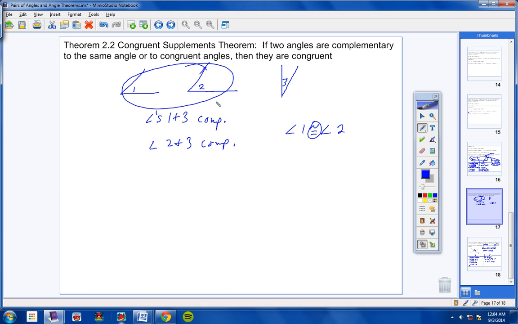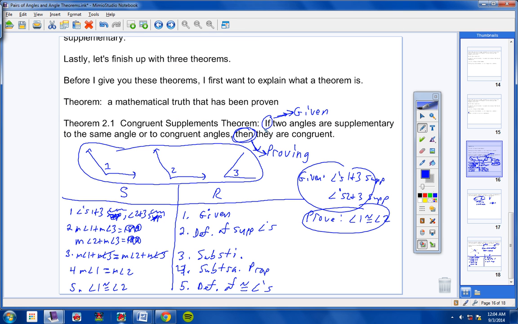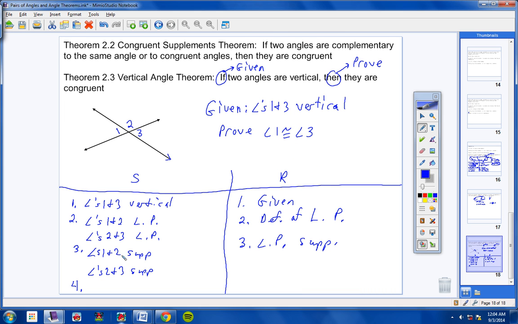So look back at this theorem we learned. Sorry, not that one. This one. If two angles are supplementary to the same angle, then they're congruent. So look at what I have. Angle 1 is supplementary to angle 2, and angle 3 is supplementary to angle 2. So angles 1 and 3 are supplementary to the same angle, angle 2.